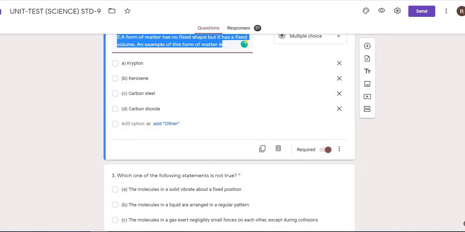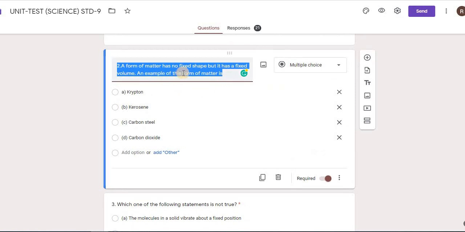Second question. A form of matter has no fixed shape but it has a fixed volume.